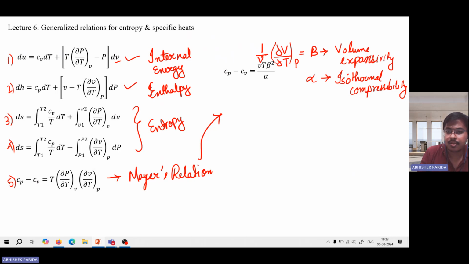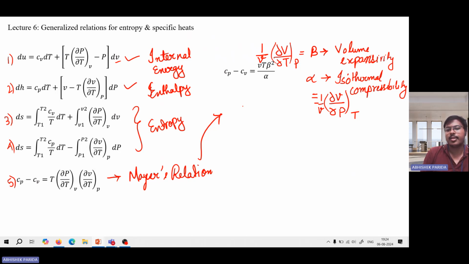This is beta, and alpha is the isothermal compressibility, minus 1 by V times dV by dP at constant temperature. We know there is an opposite sign for the change of volume and pressure. For example, when the pressure increases, volume will reduce. So we have added a minus sign. This is alpha. We have derived this from expression number 5.